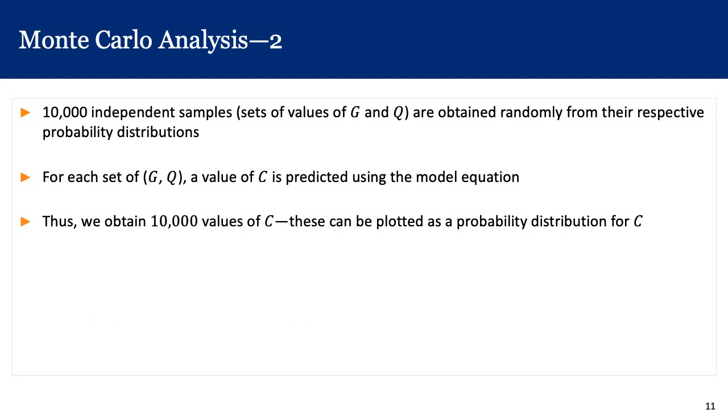And we do this a large number of times, 10,000 times in this example. And now at the end of this, we'll get 10,000 values of concentration C, and these can be plotted as a histogram, and these provide us a probability distribution for C.